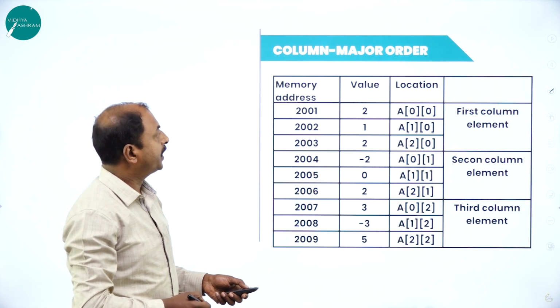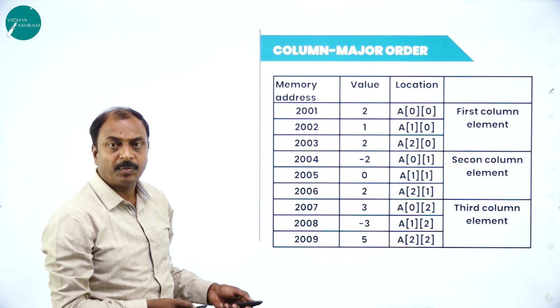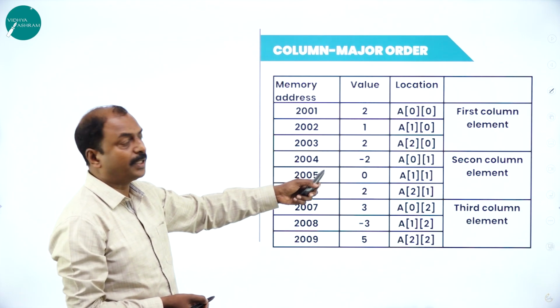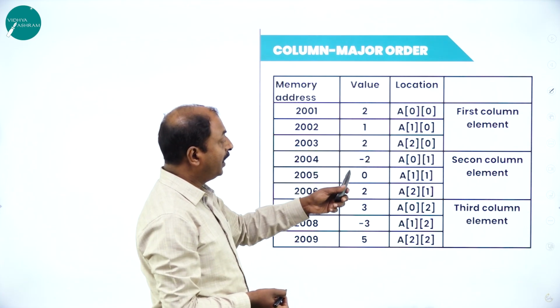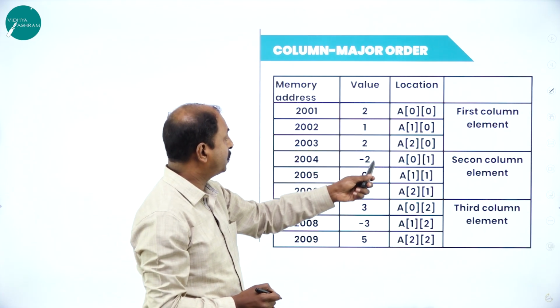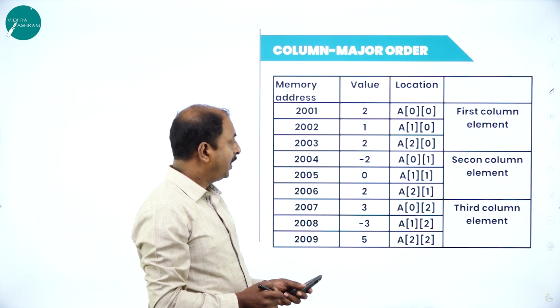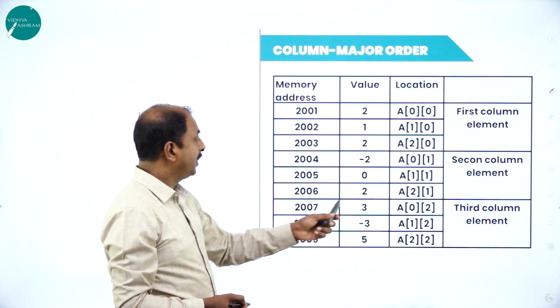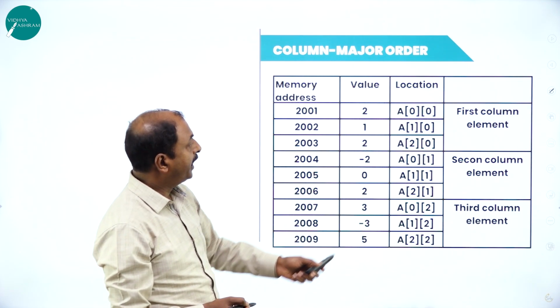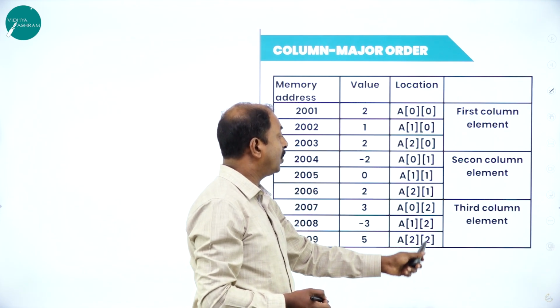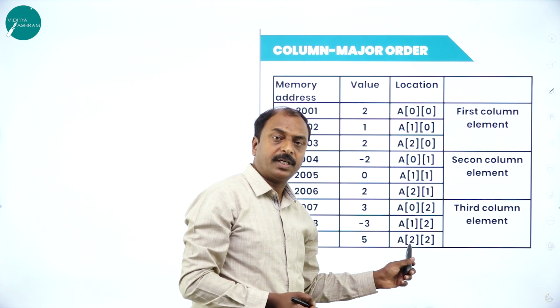Now, how can we store this in computer memory? Look at this example, look at the table here. So these are the values. First column elements 2, 1, 2, and second column elements are minus 2, 0, 2, and the next column elements are 3, minus 3, and 5, and these are the index of each data item.